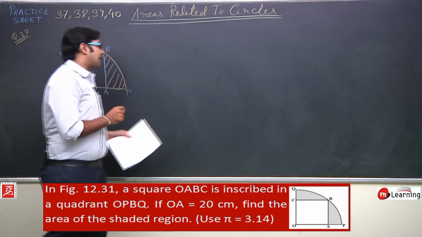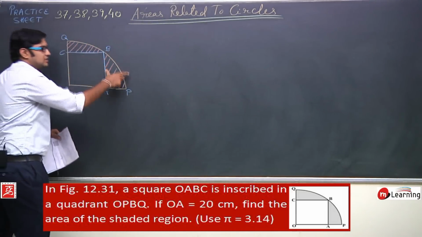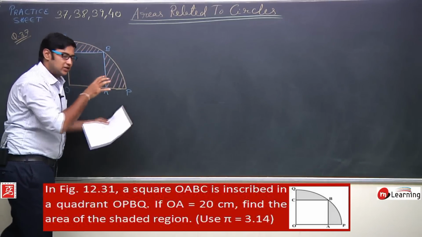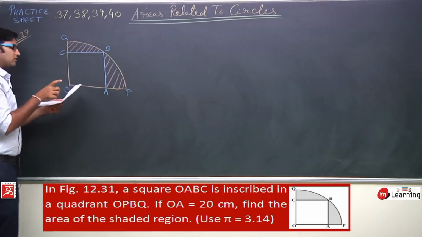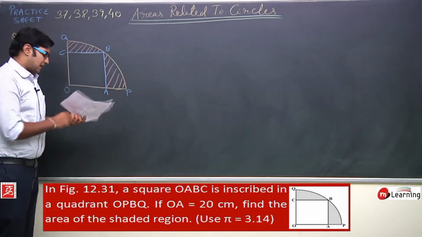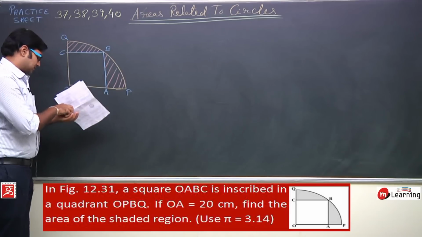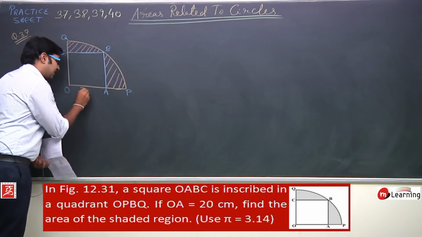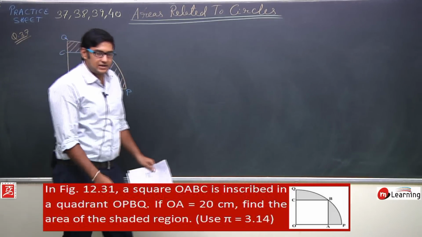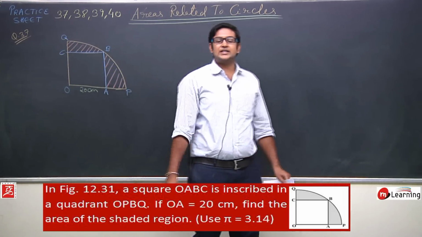For that, it is given that this is a quadrant, and the square is inscribed inside the quadrant, and the side of the square, that is OA, is given as 20 centimeters. Now how can I determine the area of the shaded region?